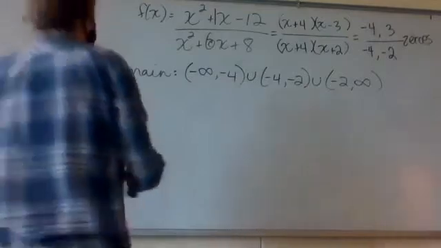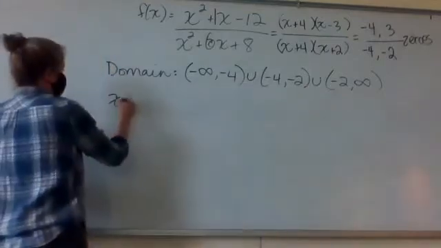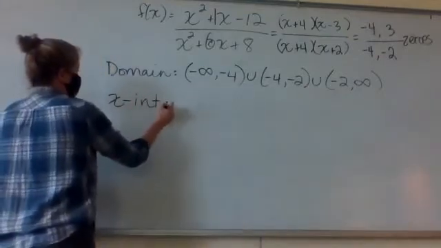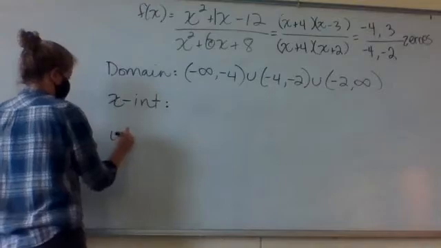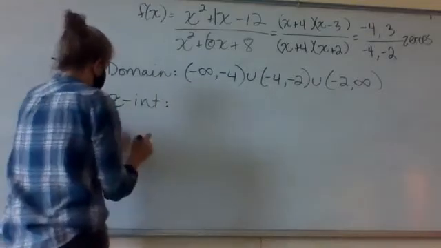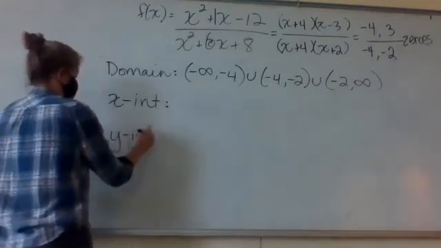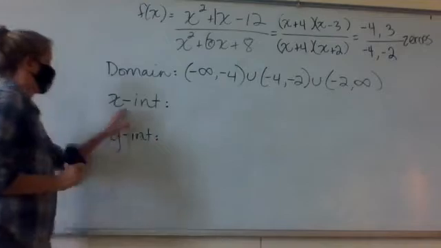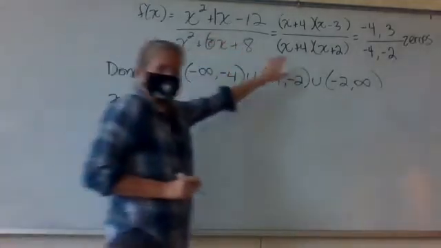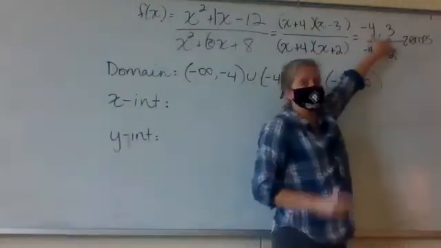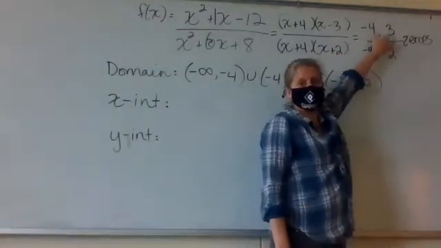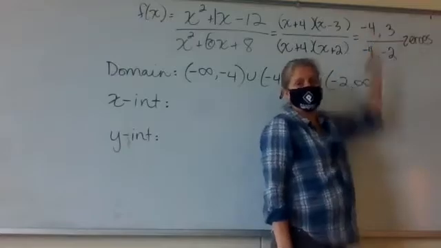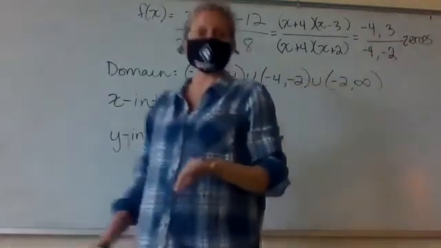Then the X-intercepts and the Y-intercepts. Let's see, X-intercepts, again, I can come over here to my zeros because the X-intercepts are the zeros of the numerator as long as they're not also a 0 of the denominator.